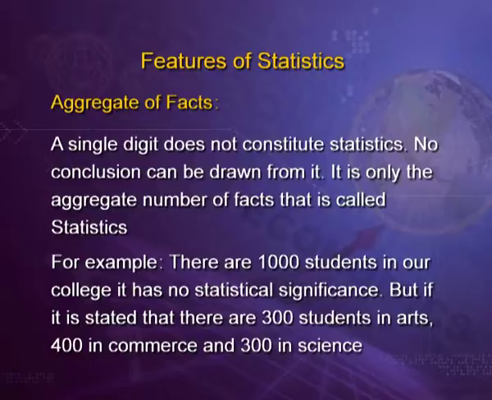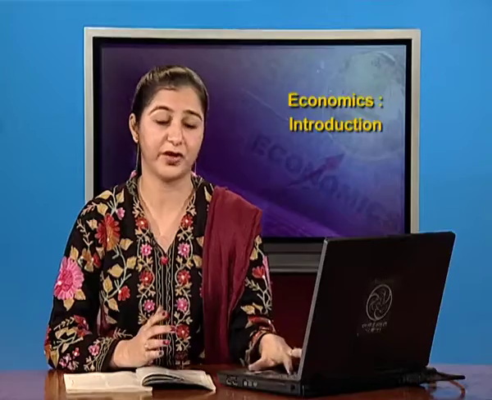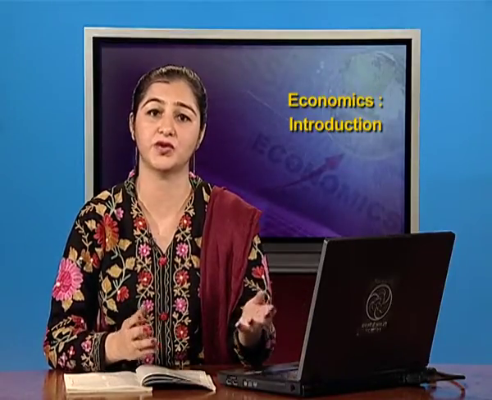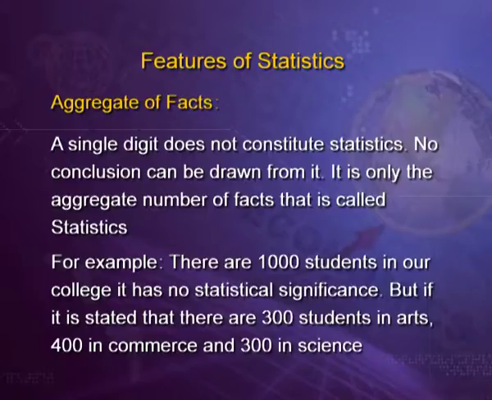It has no statistics in it because we don't have any concern with 1000 students in a college. But if it is stated that there are 300 students in the arts stream, 400 students in commerce stream and 300 students in science, that means we are talking about statistics.